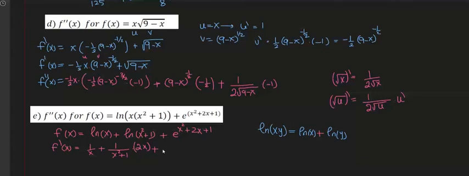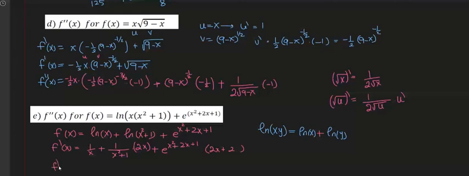The derivative of the exponential is itself times the derivative of the power. Now, the derivative of x squared is 2x plus 2x derivative, which is 2, and the 1 derivative, which is 1.